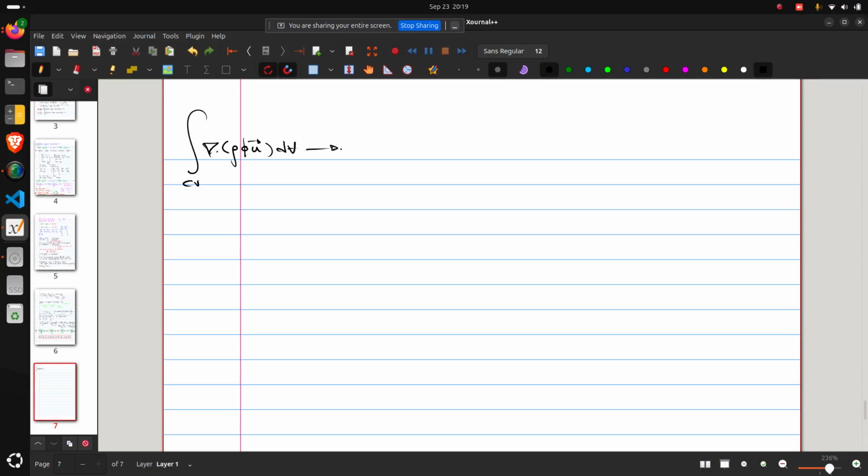Now again using the Gauss divergence theorem, we convert this into a control surface integral and then do a summation over all the faces, nothing but rho phi u vector at the face dotted with the A vector.